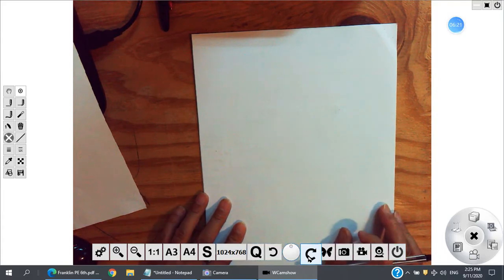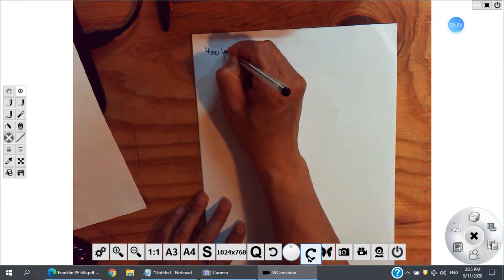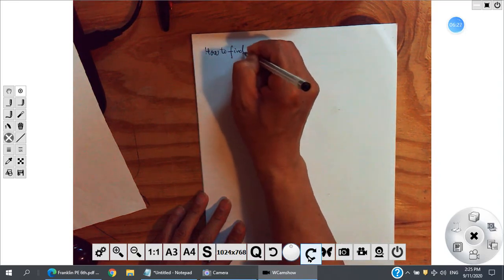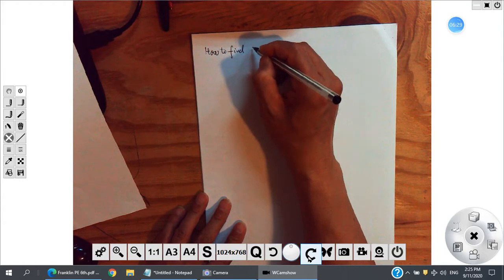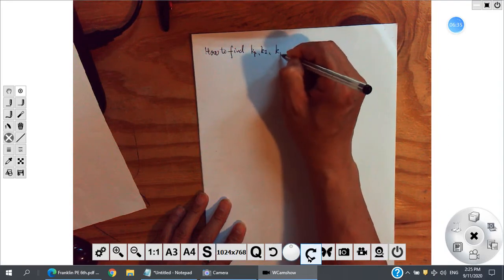So that is a method for finding the parameters Kp, Ki, and Kd.